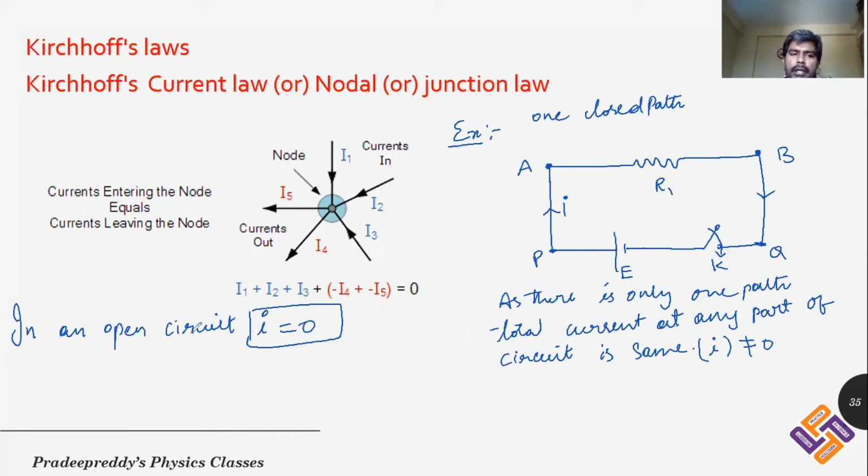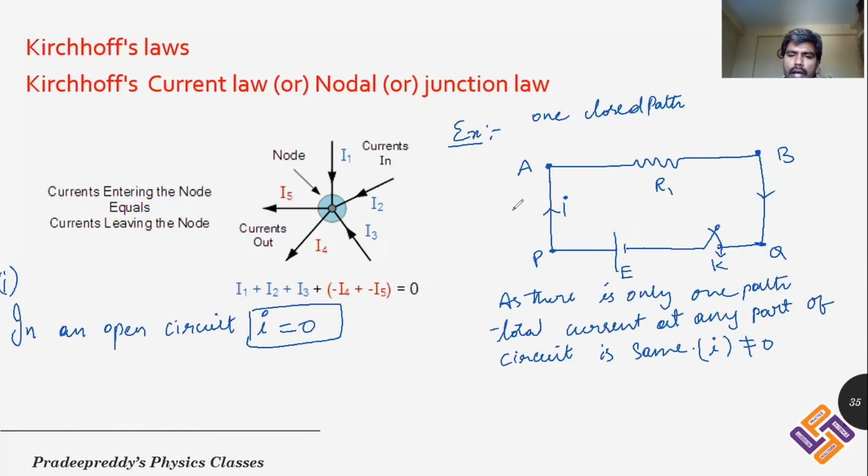Now this is point number 1. In the open circuit, current will be 0, and in the closed circuit, current is non-zero, and in the closed circuit, the current division will not be there if there is only one single path.